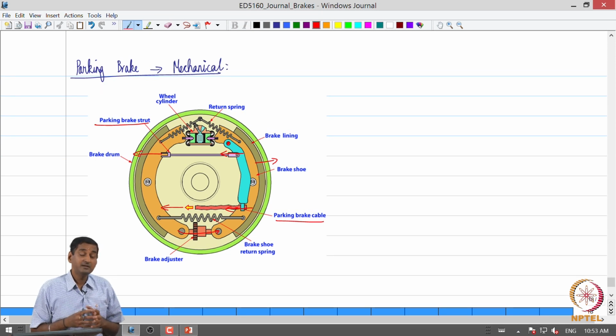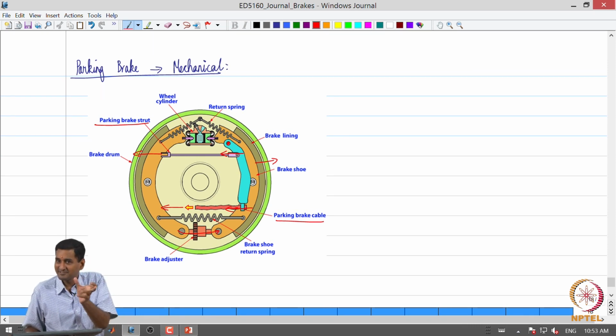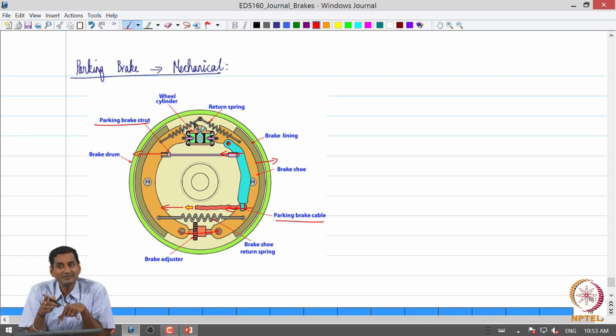So, obviously we cannot expect a parking brake to replace a service brake. So, I hope now the subtle difference between parking brake and service brake is clear, right. Service brake is used for a normal brake application, parking brake has a specific functionality, right. But you can immediately observe that the parking brake also uses the same components as that of the service brake.